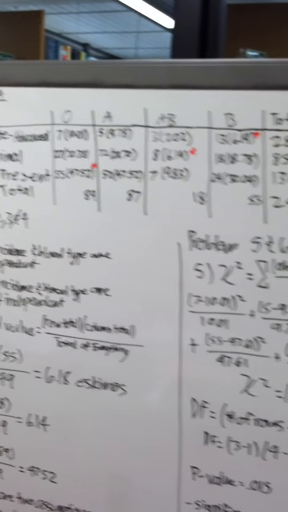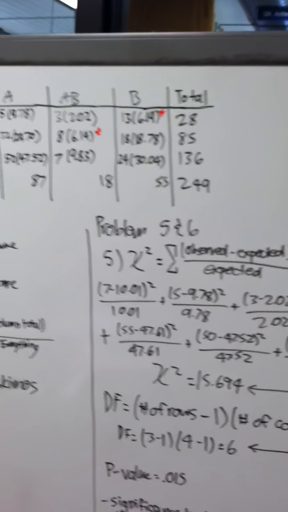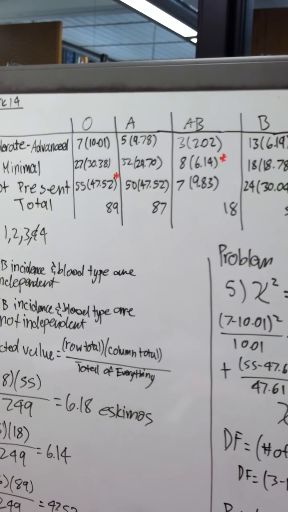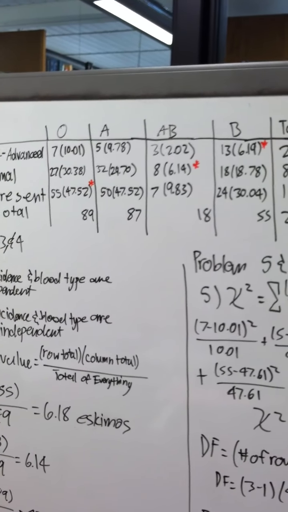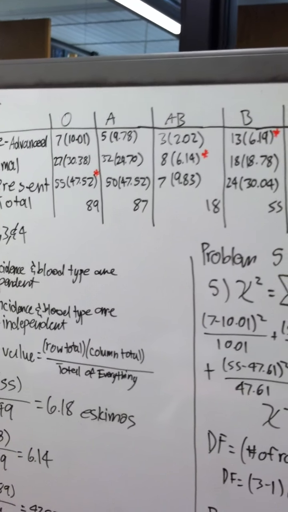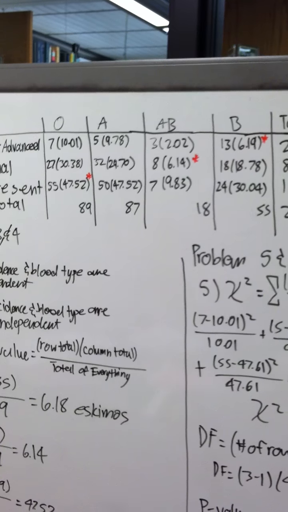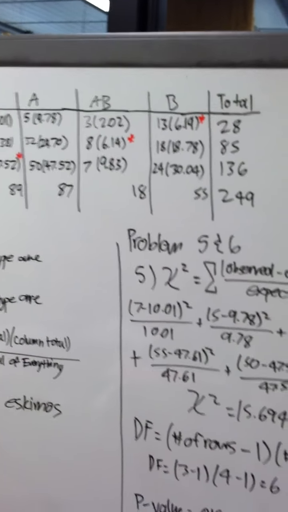So for example, if I want to find the chi-square for this exact problem, I would take 7 in O and moderate advanced, 7, because that is our observed, minus 10.01 squared, divided by 10.01 because 10.01 is our expected value.